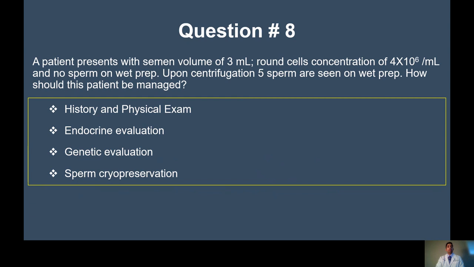Now, we can't predict whether more, fewer, or a similar number of sperm will be seen on subsequent semen analysis, but I do feel in this situation we do not want to waste an opportunity to freeze sperm that could potentially be used for ICSI and avoid a surgical sperm retrieval procedure if sperm are frozen.